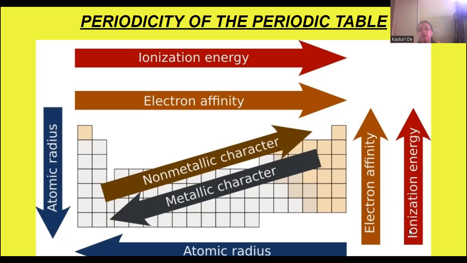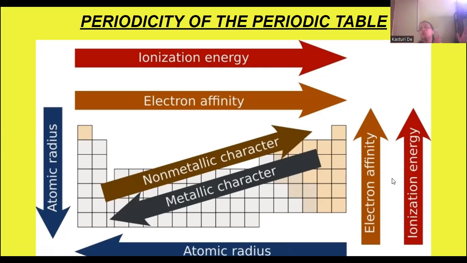Atomic radius, when we move from left to right, decreases. The metallic character, when we move from left to right, also decreases.